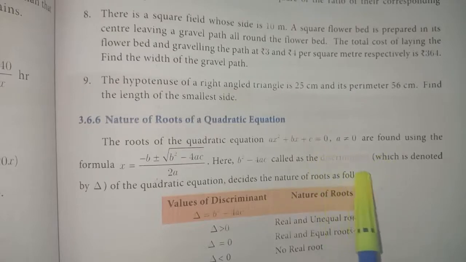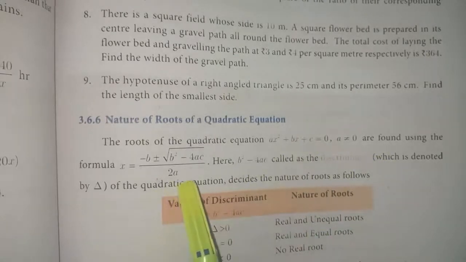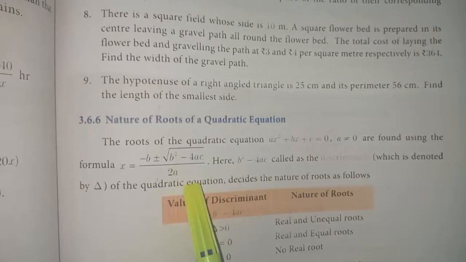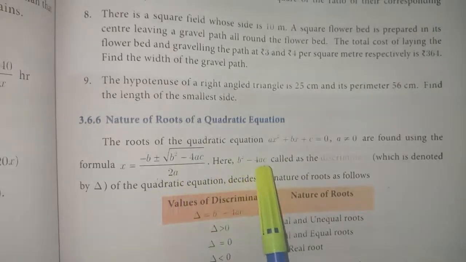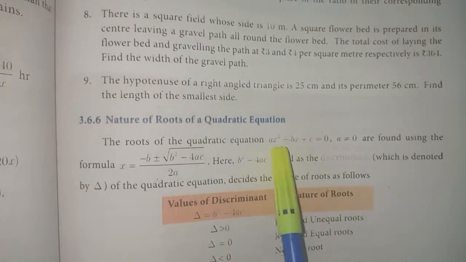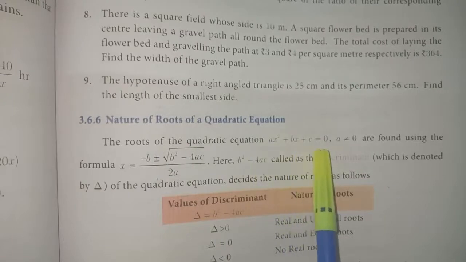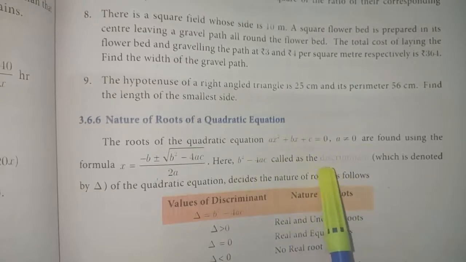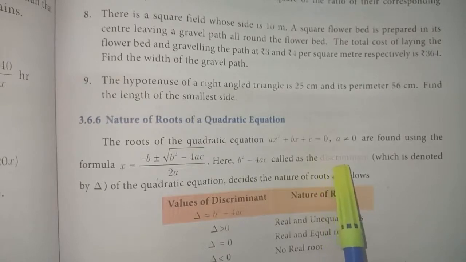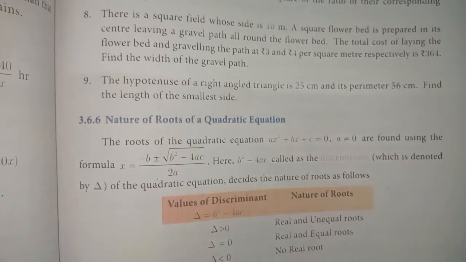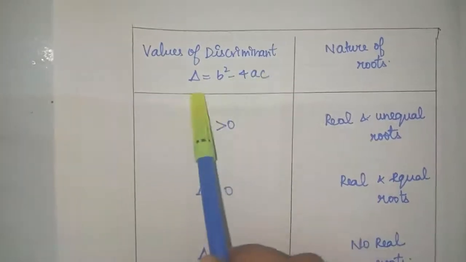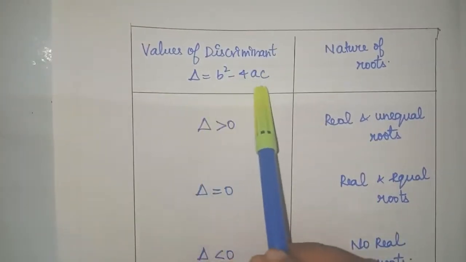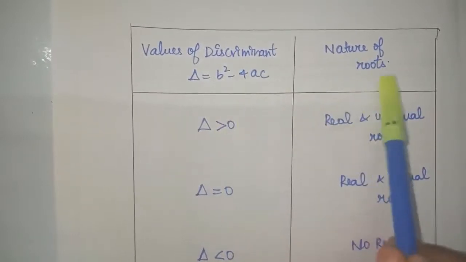So b² − 4ac is the discriminant of ax² + bx + c = 0. The discriminant spelling is discriminant.